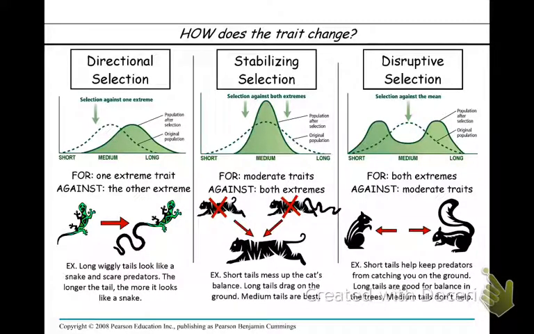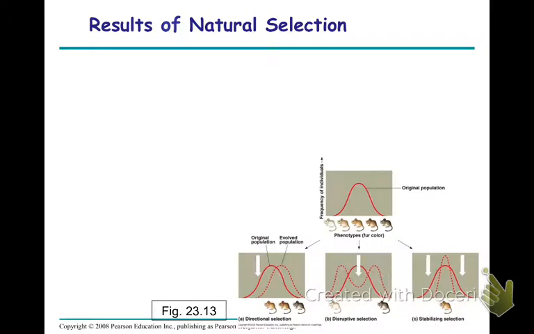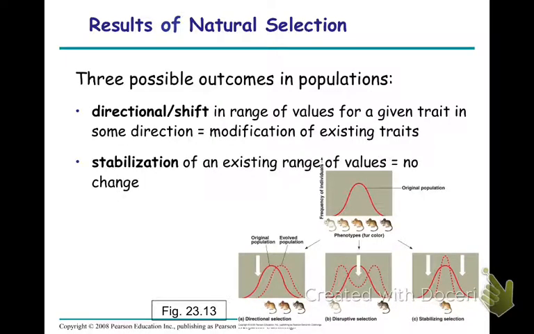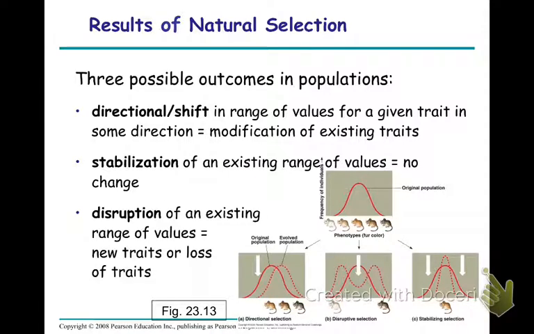In the third example, extremely short tails can help keep the predators from catching squirrels on the ground, and extremely long tails are good for balance in the trees. Medium tails are not really helpful. So, we also have three possible outcomes in natural selection that are described with just one species of mice, but different colored shades.